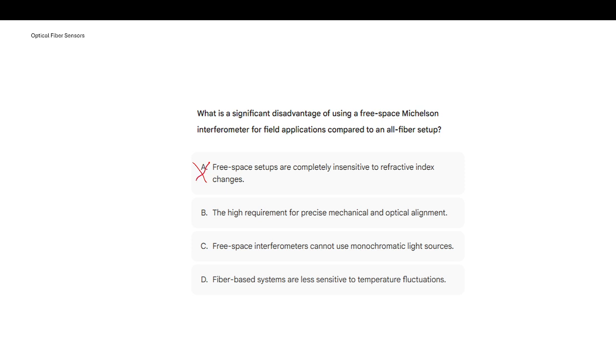Everything is sensitive to refractive index, obviously phase, spatially phase. Then option D, fiber-based systems are less sensitive to temperature fluctuation. This is not true. Is it true? Less sensitive to temperature fluctuation.